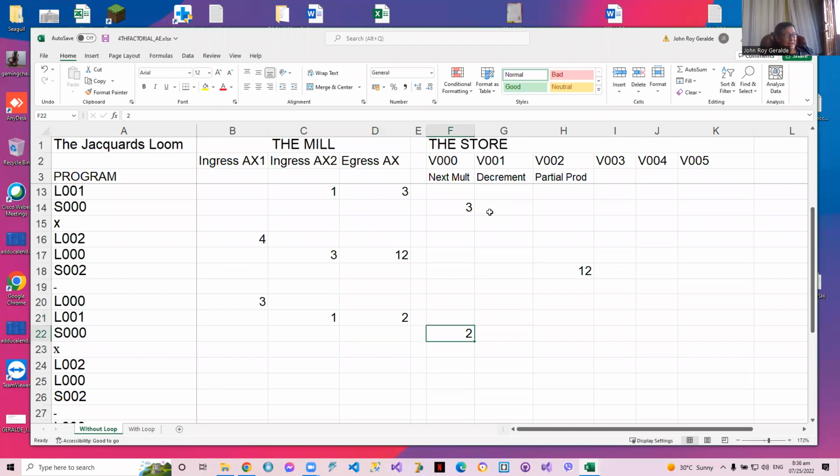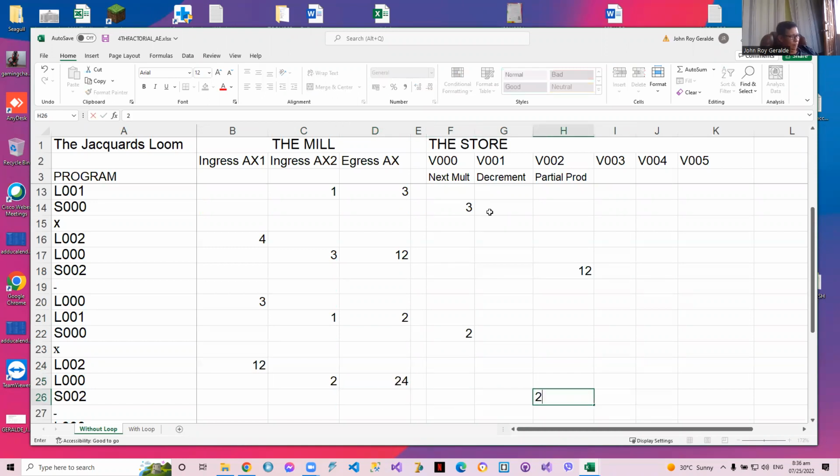So naging 2 na naman ang next multiplier, right? And then we'll do another times. So this will be L002. This is now 12. Okay. And then L00, which is the next multiplier, which is 2. Since this multiplies, this becomes 24, right? And then S002, this becomes 24.